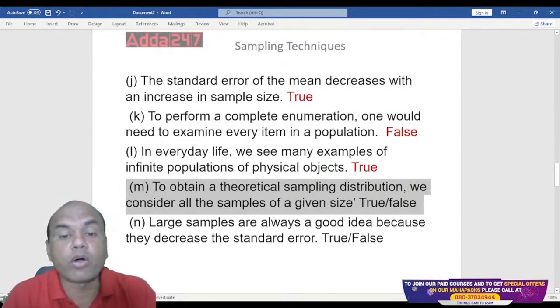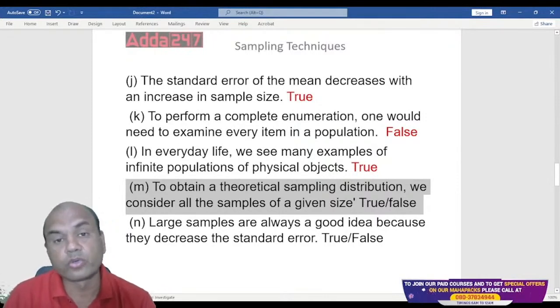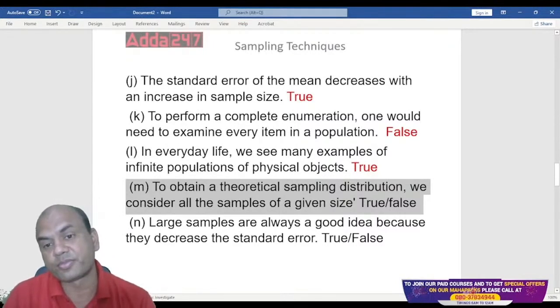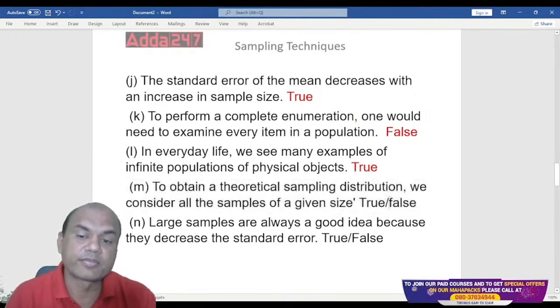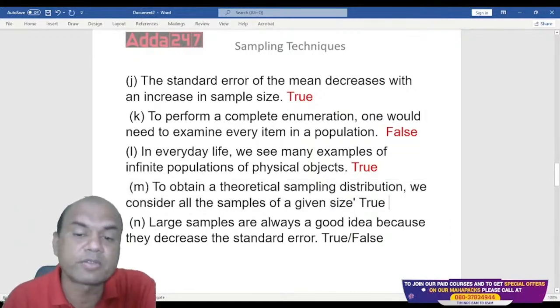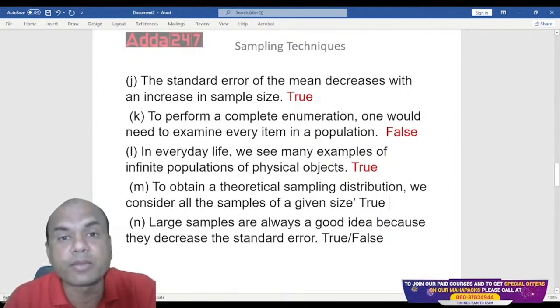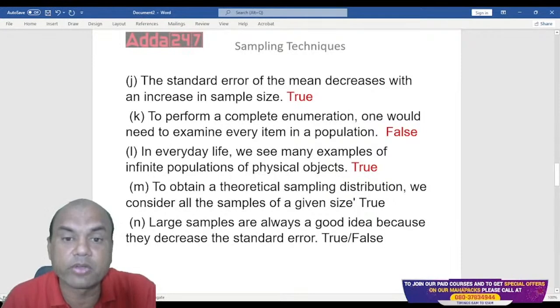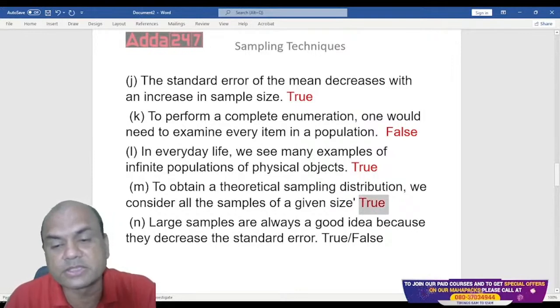Do we consider all the samples or not? The answer is true. Yes, we consider all the samples of the given size, whichever sampling you have done. So the answer is true again.